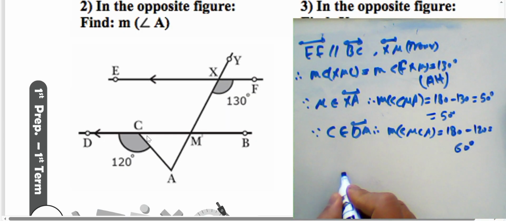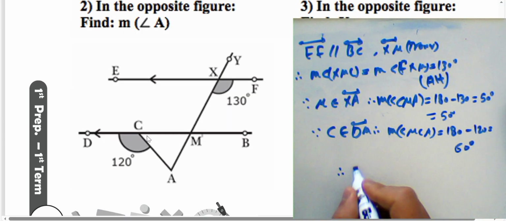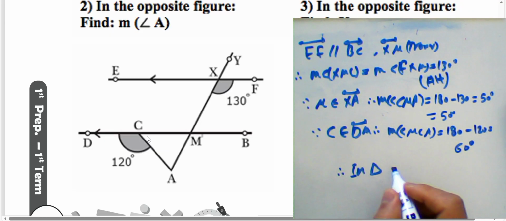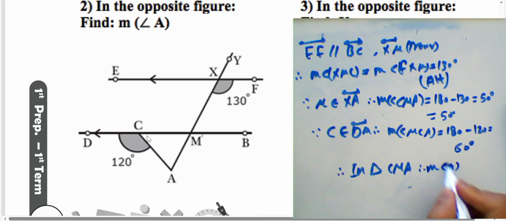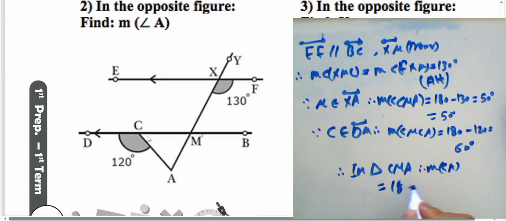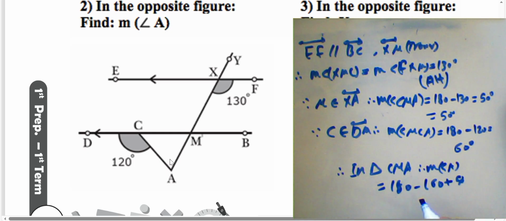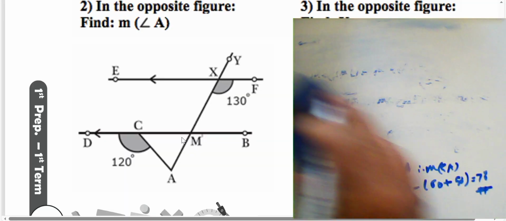Then in triangle CMA, the measure of angle A is equivalent to 180 subtract the sum of the two angles 60 and 50. Okay, this angle A, we can find it by collecting 60 and 50. The answer will be 70 degrees. Then the measure of angle A is 70 degrees.